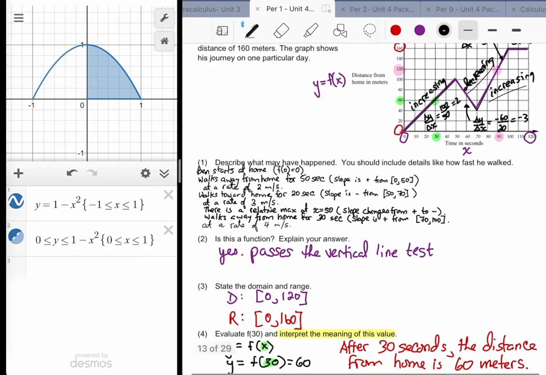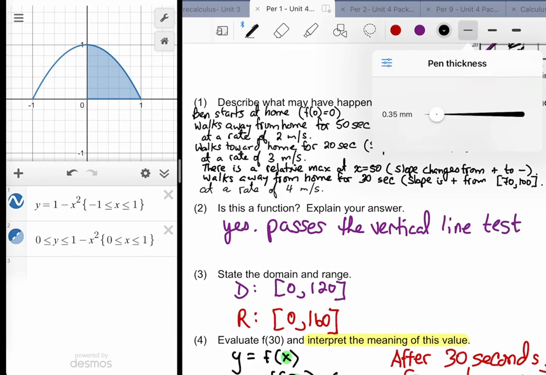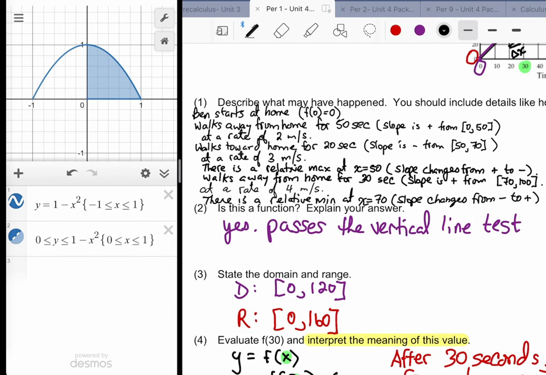So there's a relative minimum at x equals 70. Slope changes from negative to positive.